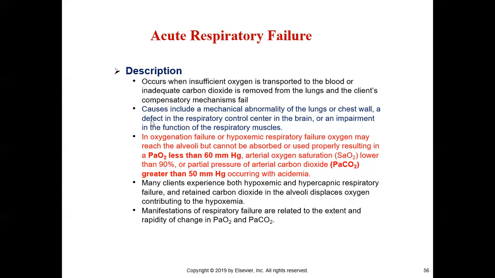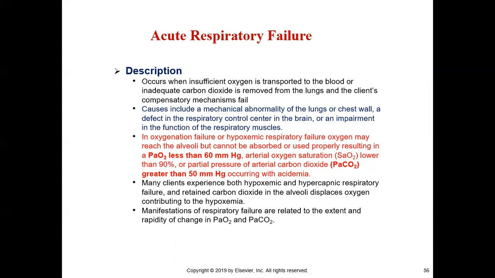Acute respiratory failure causes include mechanical abnormalities of the lungs or chest wall, a defect in the respiratory control center in the brain, or impaired function of the respiratory muscles.